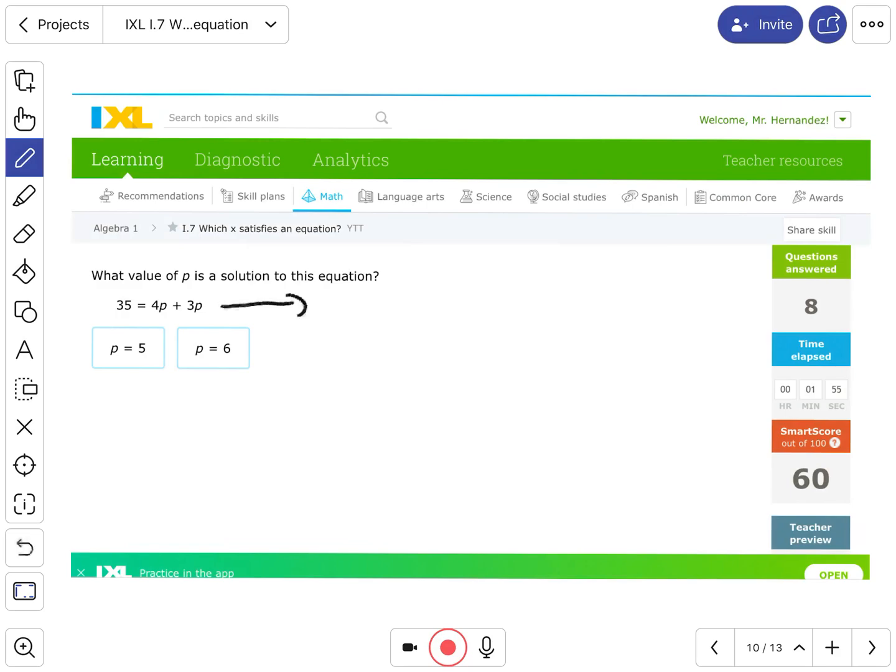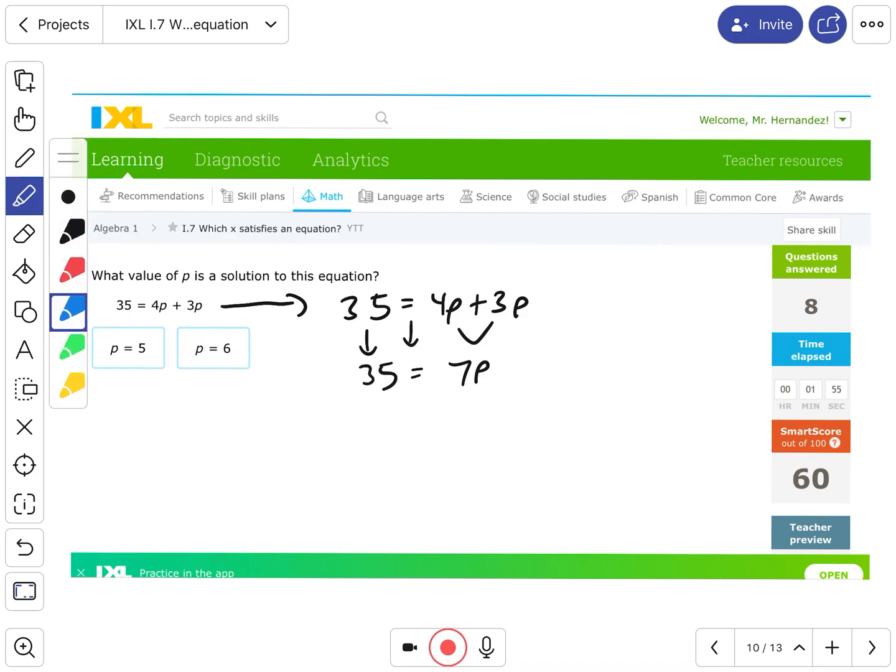Okay, this is a good one. Because these both have p's, you could combine like terms, and then you get 7p, 35 equals 7p. So that might make it easier to replace the p with one of these numbers.